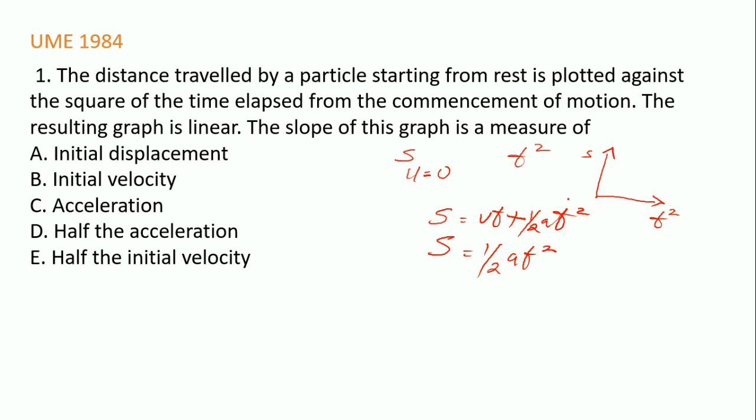Now, if we relate this to the normal equation of a straight line, since we are told that the resulting graph is linear, y equals mx plus c. We know that c is the intercept on the y-axis.